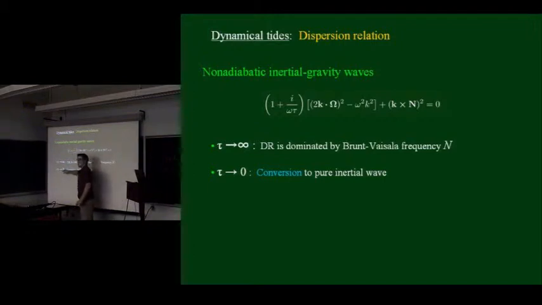As the radiative time scale goes to 0, that is when radiative damping is very effective, then this term blows up, and to satisfy the dispersion relation, you basically have to satisfy just this part. That is, what you get when radiative damping is strong is a conversion from a mixed inertial gravity wave to a pure inertial wave. And that's a technical point, but I think it hasn't been appreciated in the literature thus far.